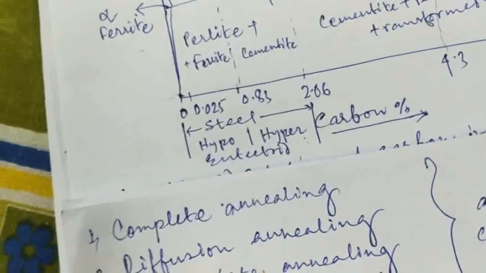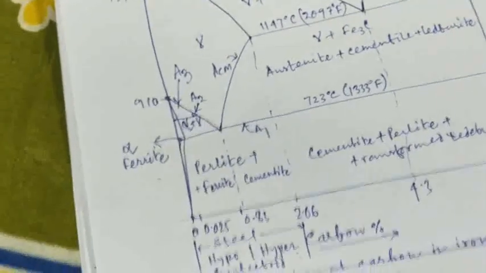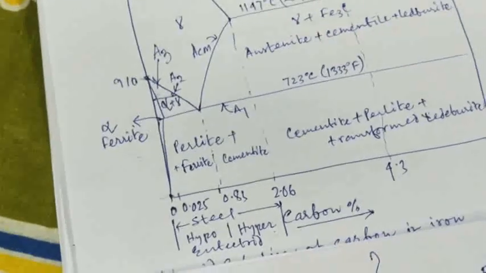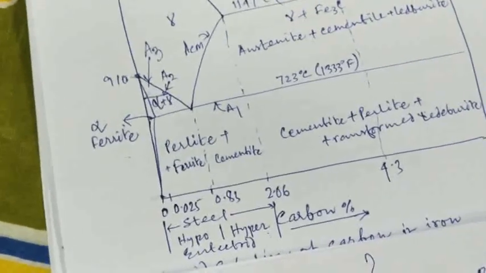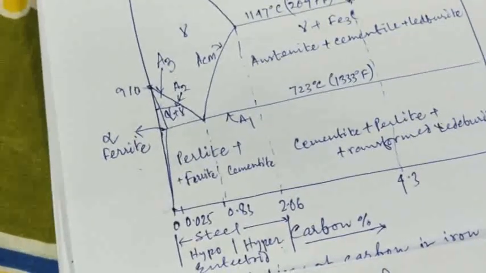Recrystallization must first have a certain amount of cold plastic deformation, and then the metal must be heated above a certain temperature. The minimum temperature for recrystallization is called the lowest recrystallization temperature.